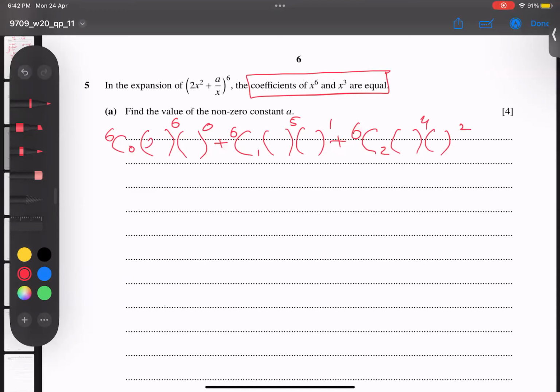So now here it has come to x squared. Here a over x, 2x squared, and here a over x, 2x squared, and here a over x.